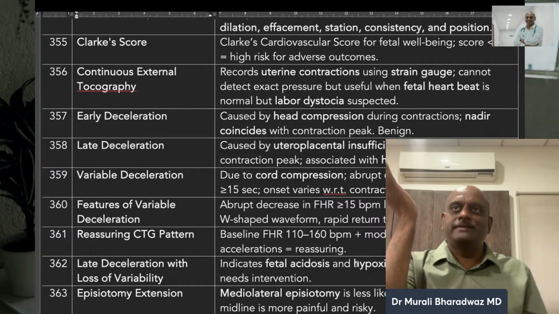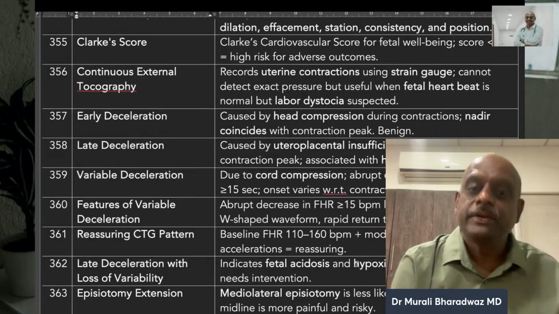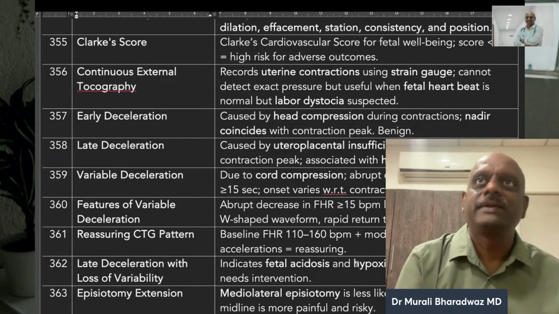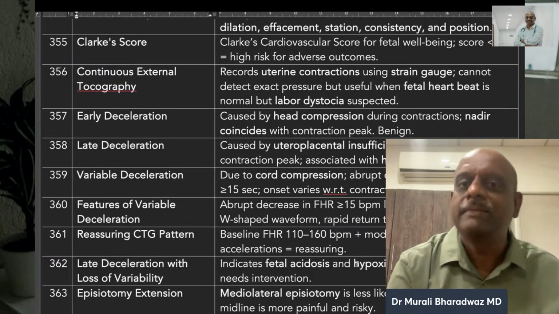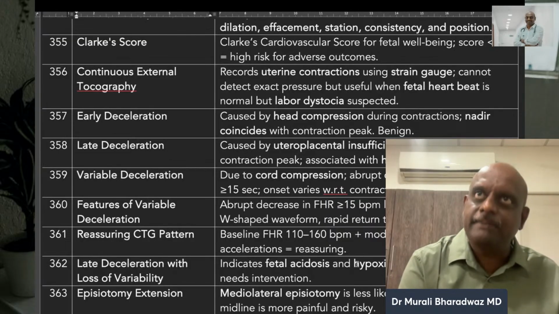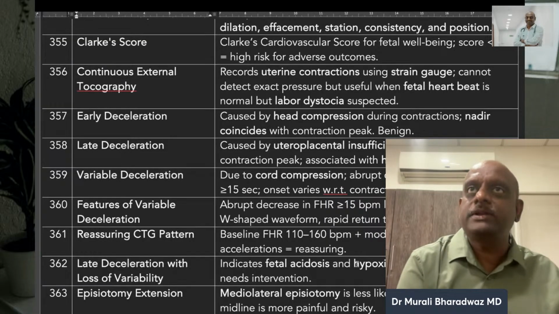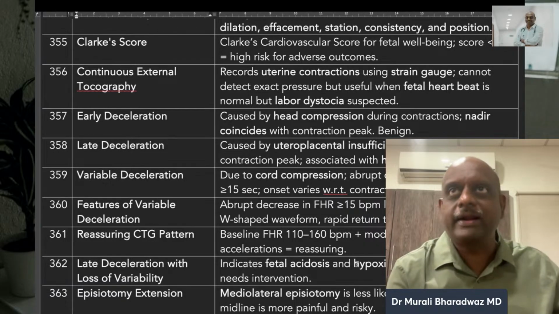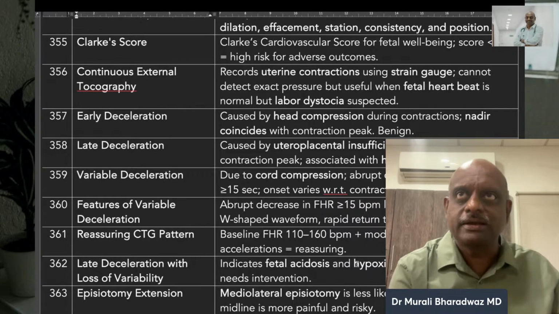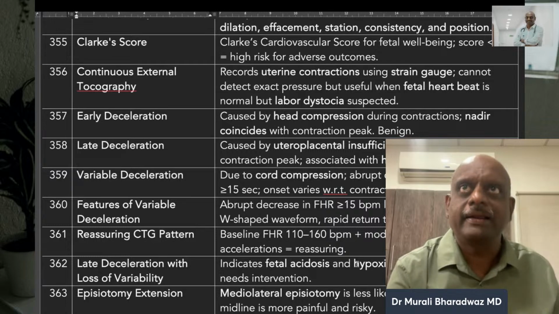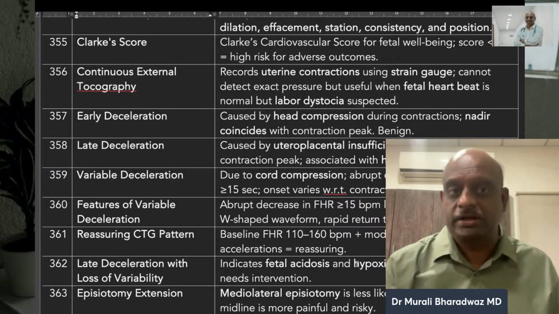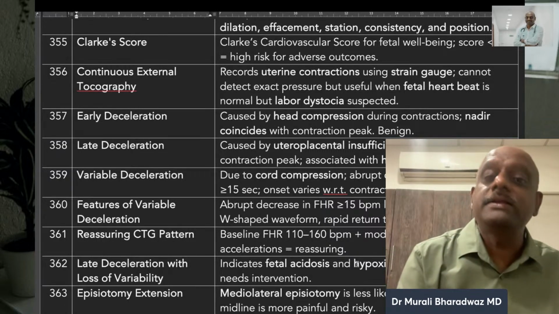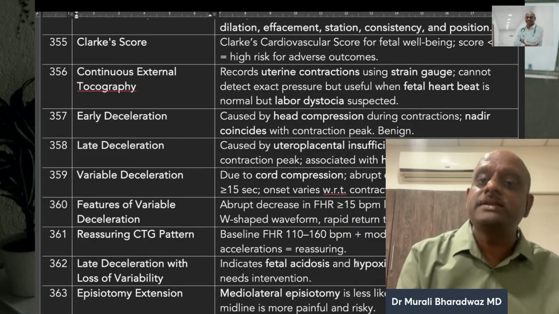Early deceleration, why does it occur? Head compression. When contractions are happening, the head gets compressed, which leads to early deceleration. Early means early in relation to the uterine contraction. Deceleration is whose deceleration? Fetal heart rate. So early deceleration, head compression. Late deceleration is uteroplacental insufficiency.